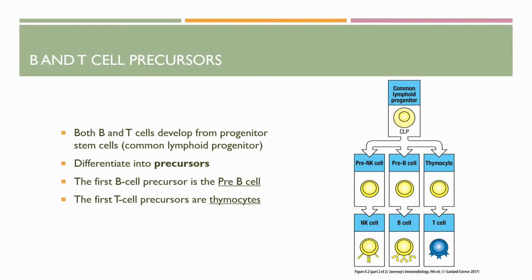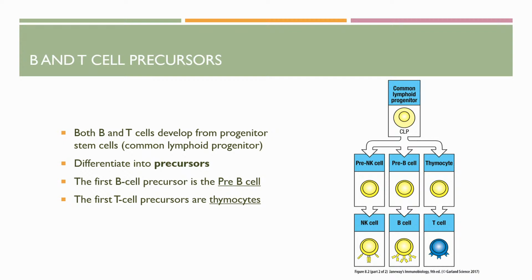So both B and T cells develop from progenitor stem cells, the common lymphoid progenitor we talked about a couple lectures ago. We have regular hematopoietic stem cells in the bone marrow, and then they split off into two lineages: the myeloid lineage and the common lymphoid progenitor lineage. The CLP lineage gives rise to immature B cells, and thymocytes are what we call the first T cell precursors.